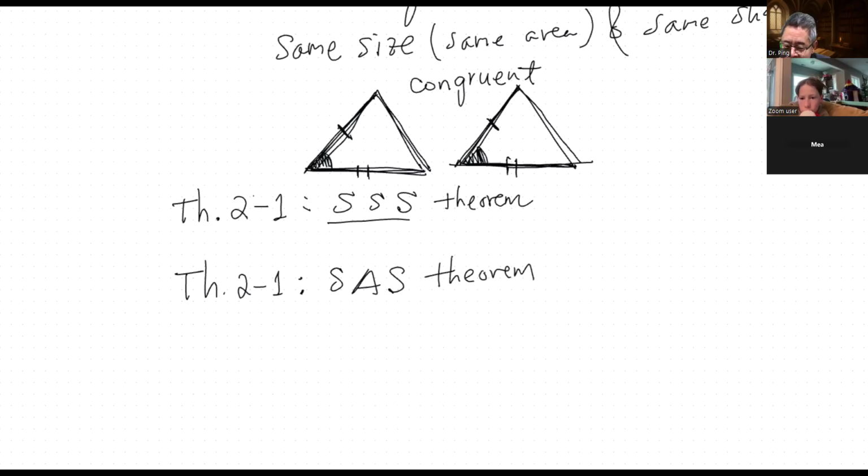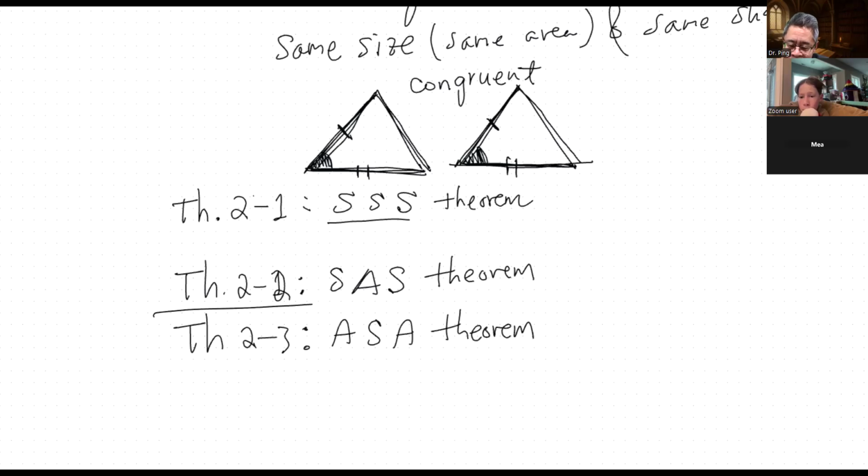And this is 2-3, called the angle side angle theorem. Like here, in 2-2 we need two sides. 2-3 tells us we just need two angles and the side between the two angles.